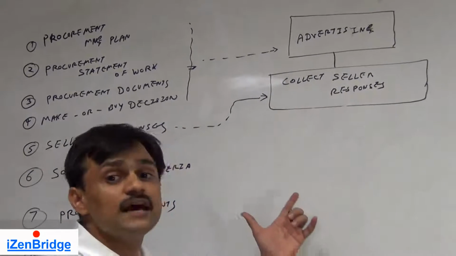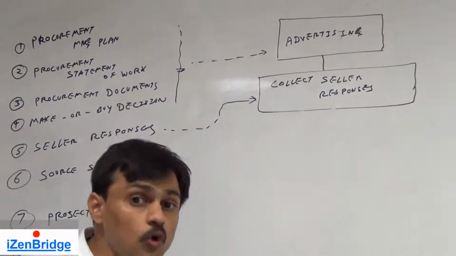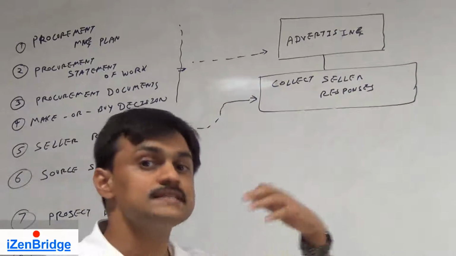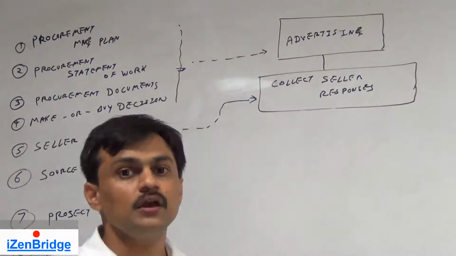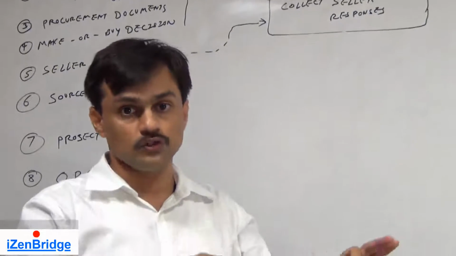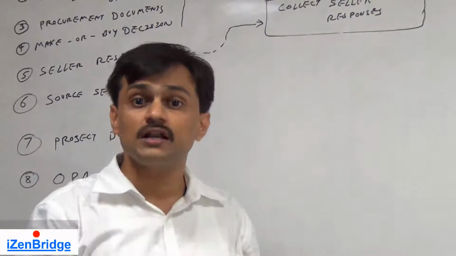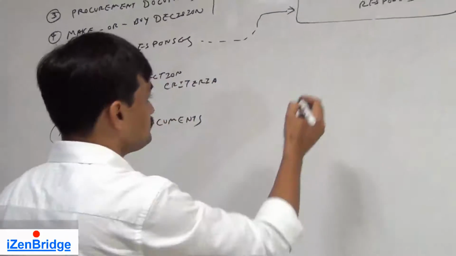Once we get responses, we may need to clarify the scope to respective sellers. We can do the clarifications using paper documentation, emails, or phone, but we can also use another tool and technique called bidder conference.